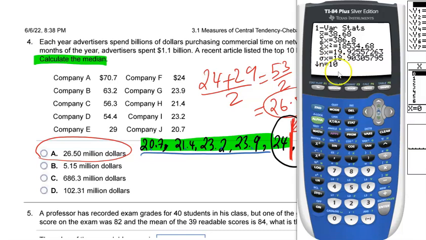There is no median shown at first, so to see it you scroll down. See Med, that's for median. Therefore the median is 26.5, what we found before. This is how we find the median using the calculator.